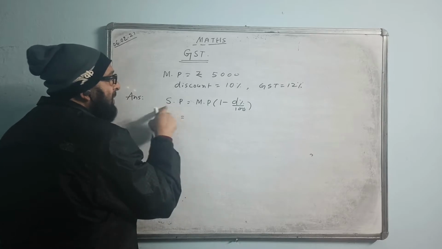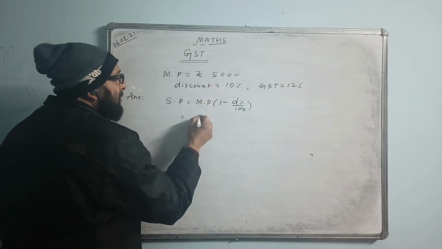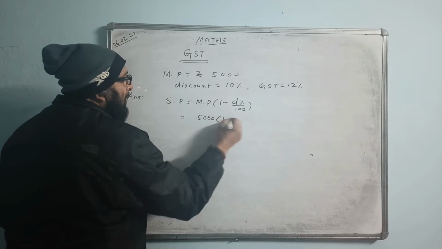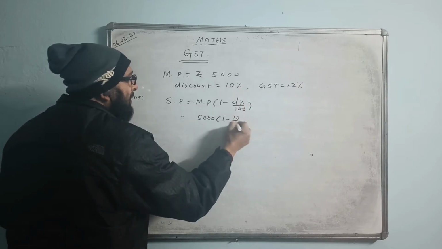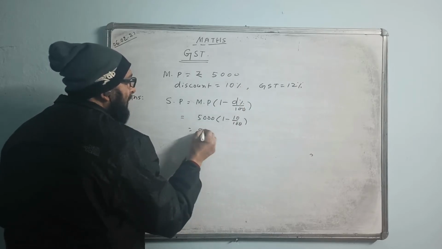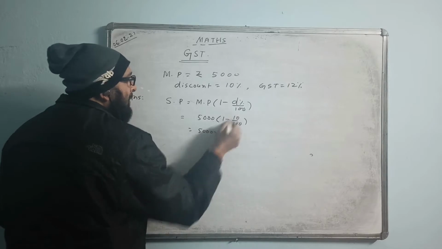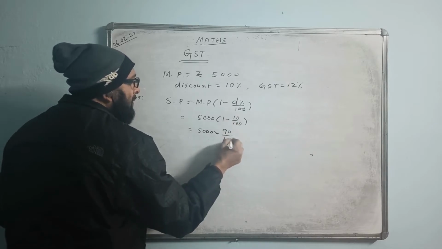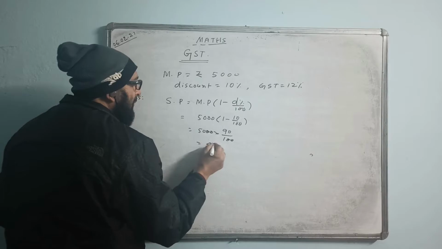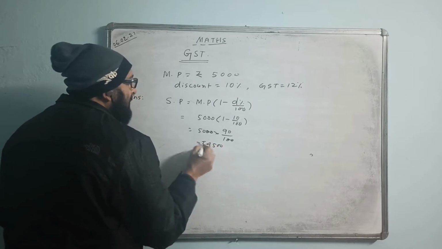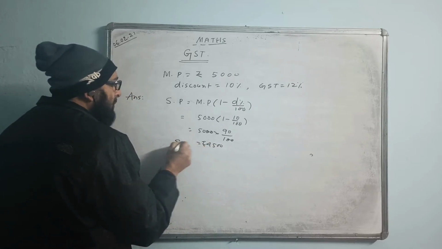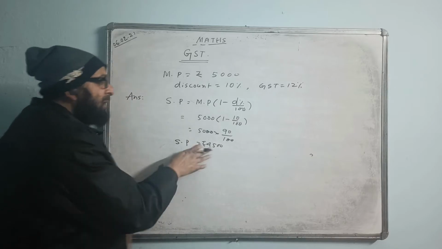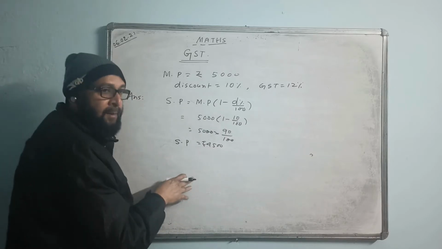So I find the sale price directly. Mark price is 5,000. Discount is 10, so 10 by 100. So 5,000, 100 minus 10 is 90 by 100. Cancel. Answer will become 4,500. Then after discount, the sale price becomes 4,500. This is the sale price for the customer.